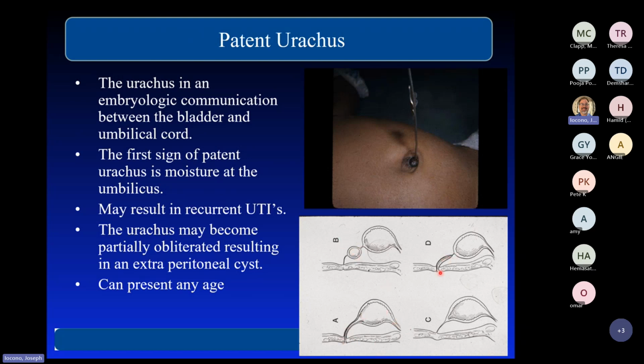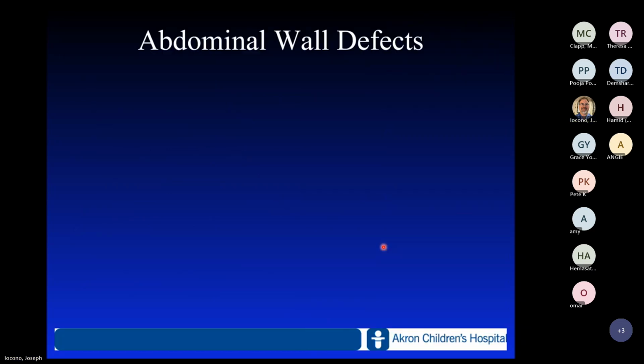You can have a urachal, not a duct, but like a fibrous band. A lot of times when we do umbilical hernias, we'll find an umbilical remnant as the cause of the persistent umbilical hernia, and we have to resect it when we take out the umbilical hernia stalk. The urachus can result in recurrent UTIs or infection of the umbilicus.